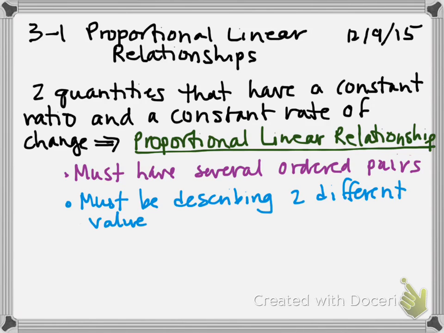So what I mean by values, it's not numerical, it's like types. So for example, the last one was cups of vinegar versus cups of oil. So they weren't the same thing. It wasn't vinegar and vinegar or oil and oil. It was two different types of values. So we must be describing two different values, and we must have several ordered pairs.